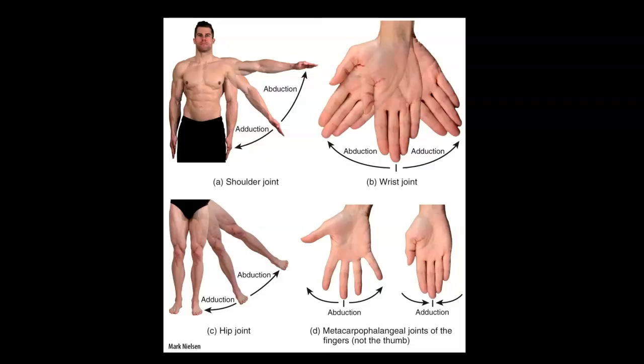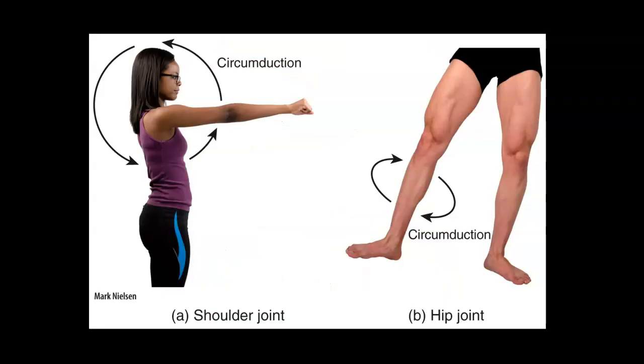If you move it back towards the body, that's adduction. With the leg, moving it away from the body, abduction. Moving it back, adduction. And then you could do it with the fingers as well. Fingers away, spread apart, abduction. Fingers together, adduction. You really have to listen for the ab and the ad.